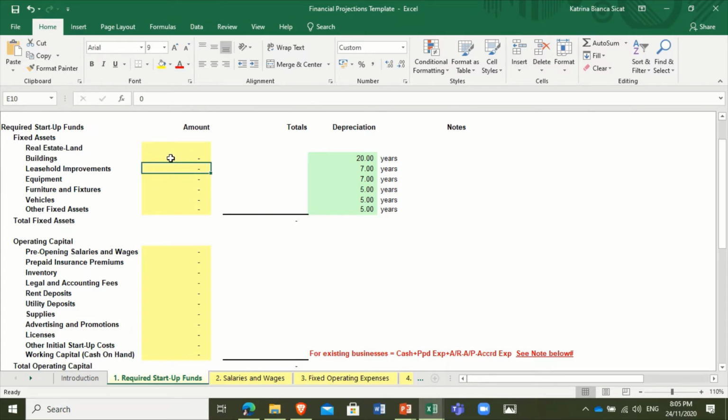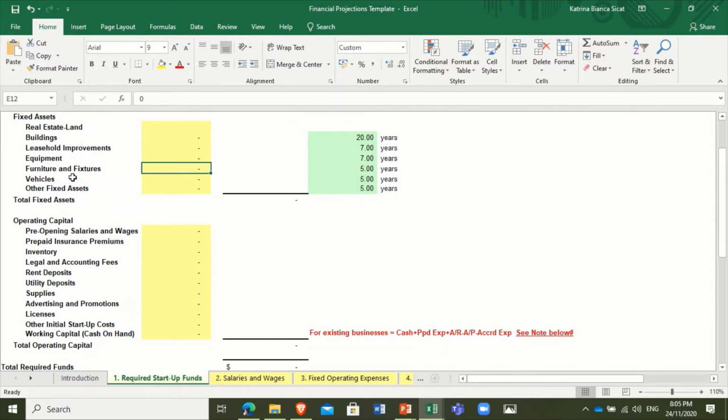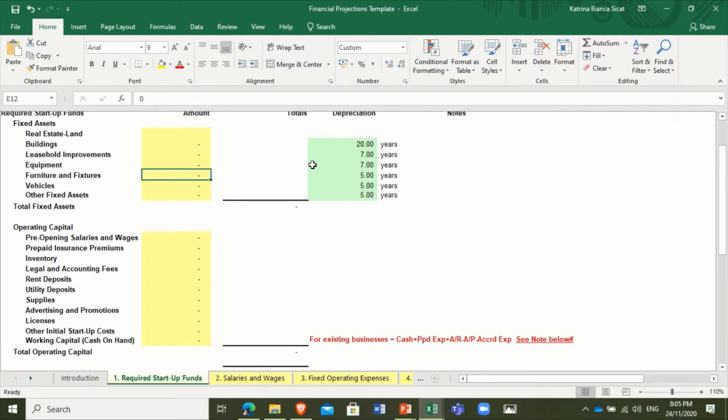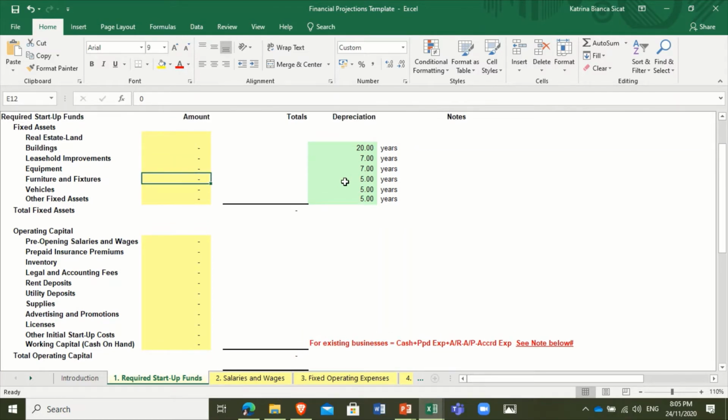We have furniture and fixtures. Siyempre, yung furniture and fixtures natin, hindi yan same ng life or depreciation or useful life, I should say. It's not the same useful life with your other accounts here in your fixed assets.